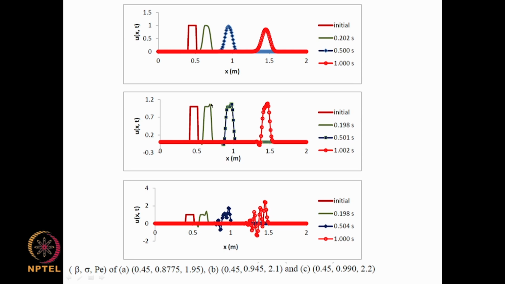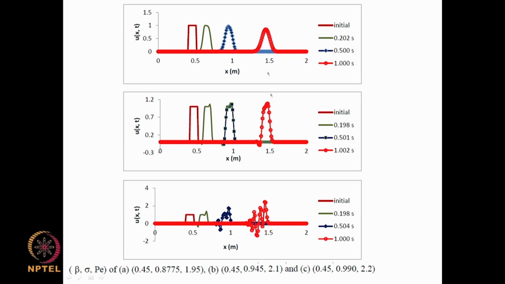It is becoming greater than 1, it is in a way anti-diffusing. It should be becoming smooth, but it is becoming greater than 1 here, less than 0 here and greater than 1. But it is not actually giving rise to any kind of unstable solution.